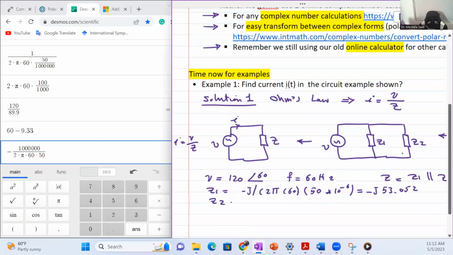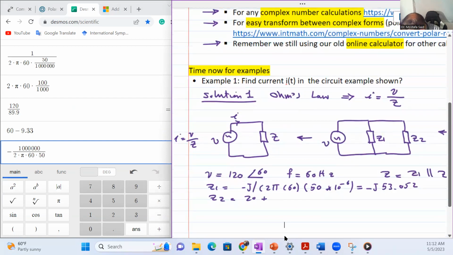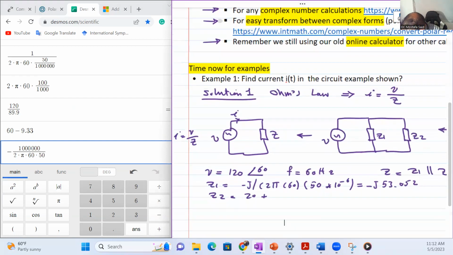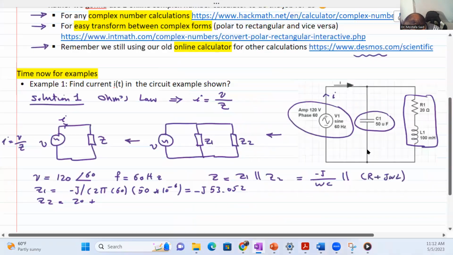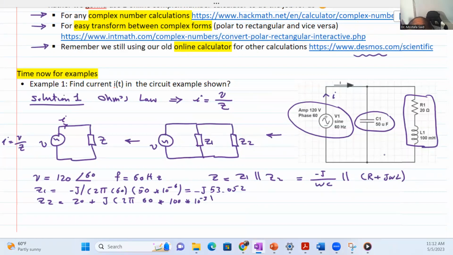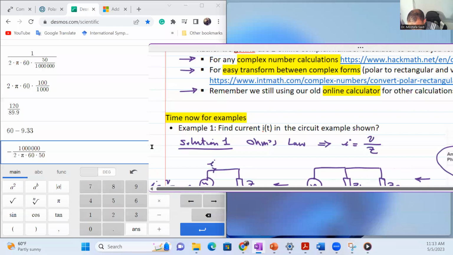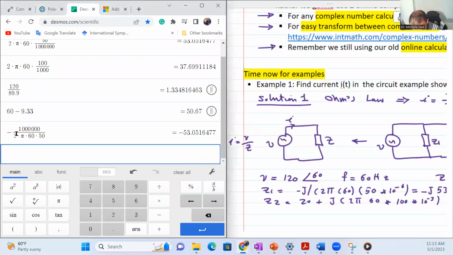Z2 is 20, which is the resistor, plus j 2 pi 60, and the L is 100 multiplied by 10 to the power of minus 3. Again, we go to our Desmos online calculator and do it there.